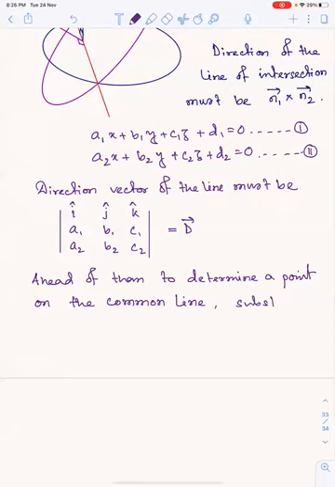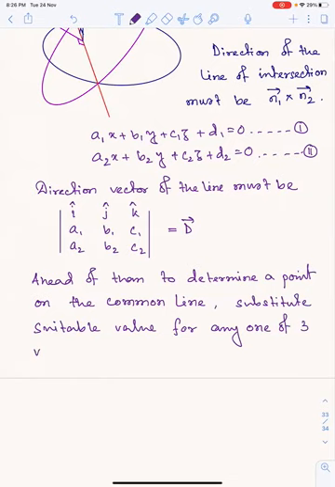Substitute a suitable value for any one of the three variables in 1 as well as 2.